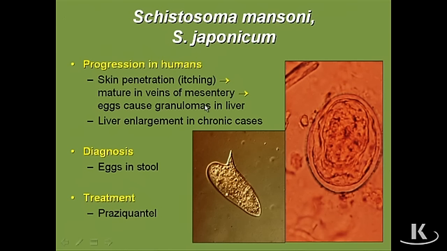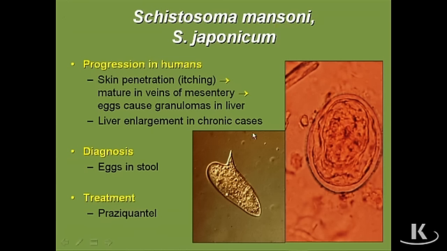Now the reason I said Schistosoma mansoni is most likely to show up is because the egg, which I'm circling now for mansoni, is unique and diagnostic. The egg has what we would describe as a subterminal spine. And if you look at the egg for japonicum, it looks like a lot of other eggs for a lot of other parasites, so it's not what we would call unique. Whereas the egg for Schistosoma mansoni is considered unique.